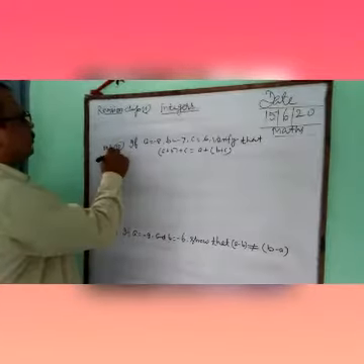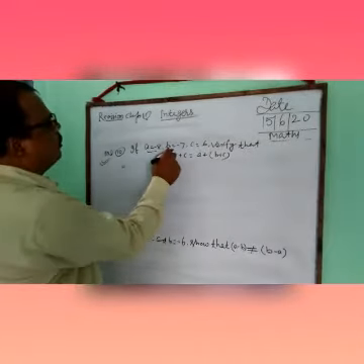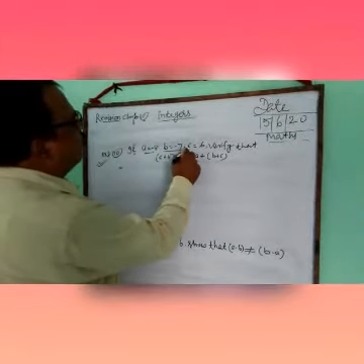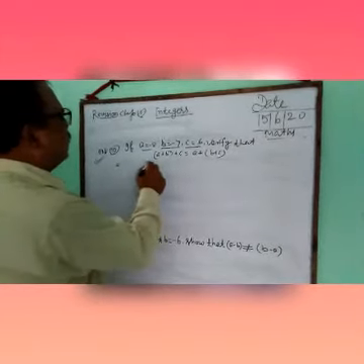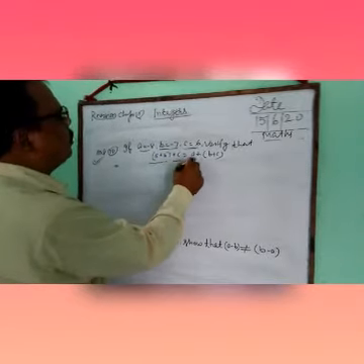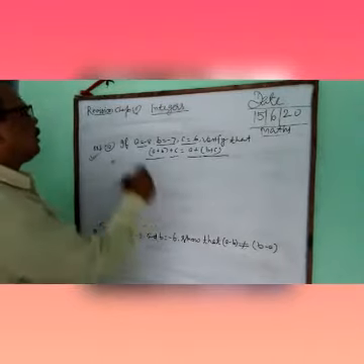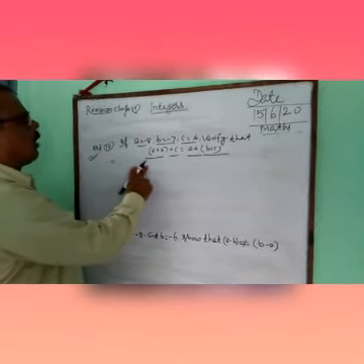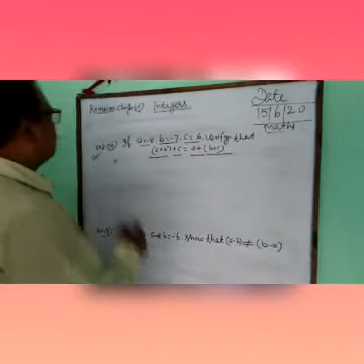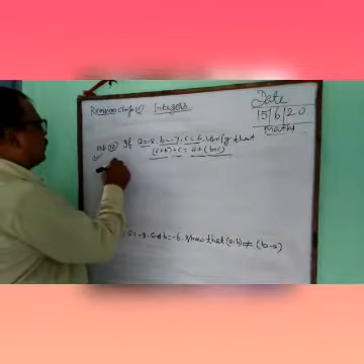Question number 10. If A is equal to -8, B is equal to -7, C is equal to 6, verify that (A plus B) plus C is equal to A plus (B plus C). Here using the associative law of addition. So we write first LHS.